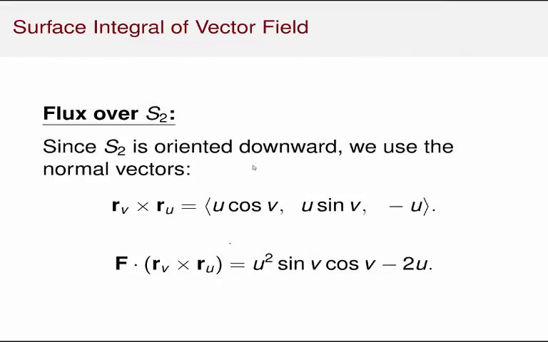Next, let us consider the orientation given by the vector function r. The surface S2 must be oriented downward because the positive orientation of S induces a downward orientation for the surface S2. Therefore, in this case, we are going to use the normal vector given by r_v cross r_u.